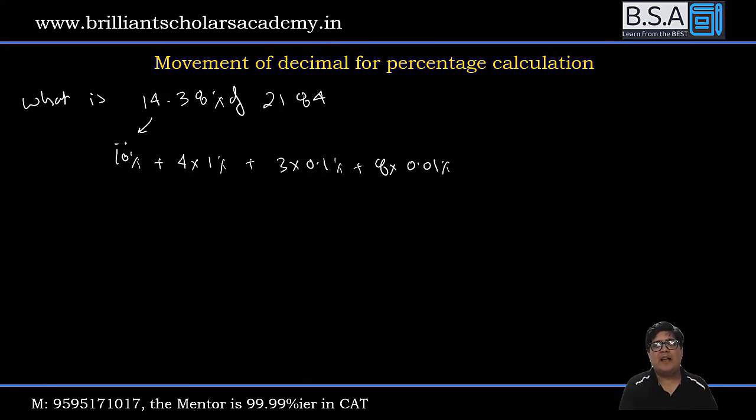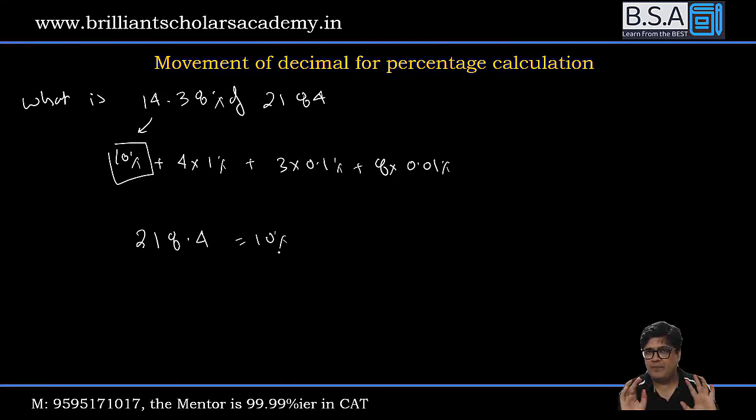How to go about calculating 10 percentage? 10 percentage is 218.4. My job is done. How can I calculate 1 percentage? Put a decimal here. See, 21.84. 2 steps forward is equal to 1%.